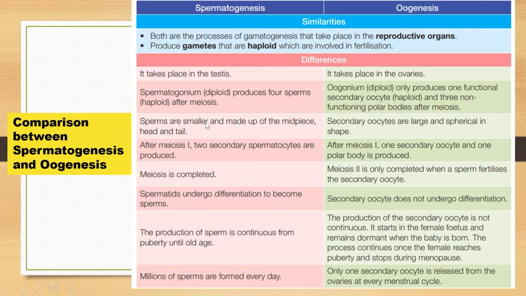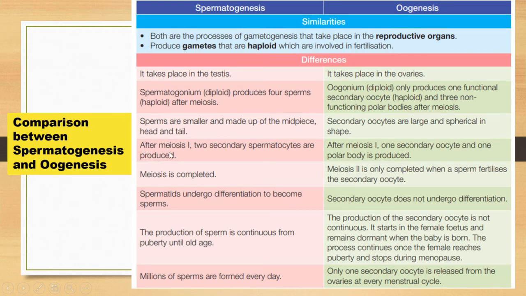Now we go to the third difference. Sperms are smaller and made up of a head, midpiece and tail, whereas the secondary oocyte is large and spherical in shape. Then the fourth difference.